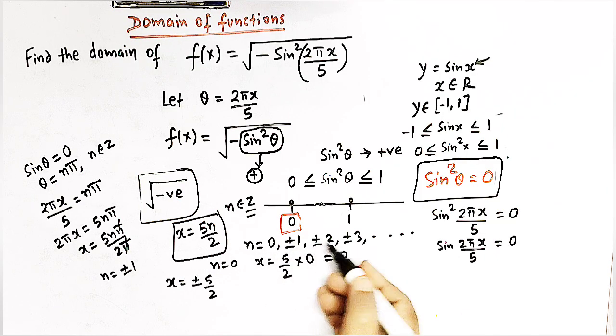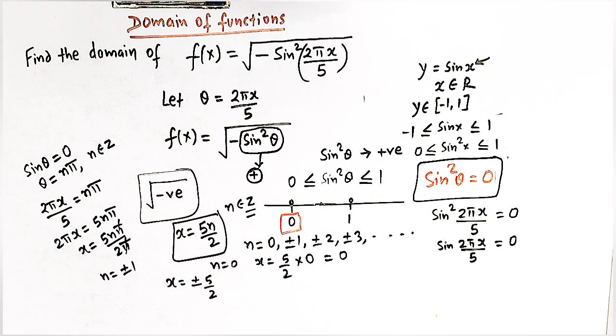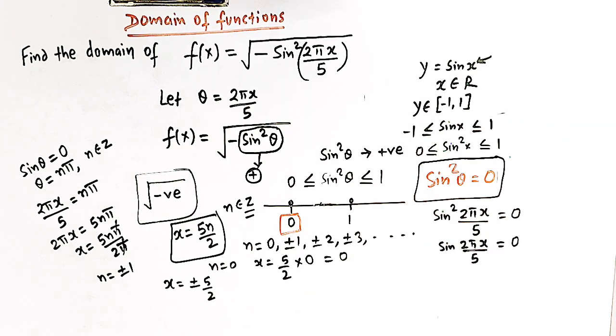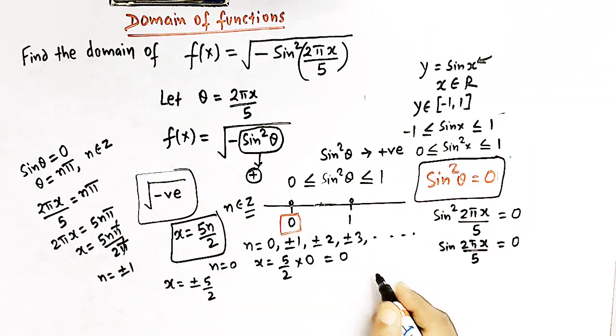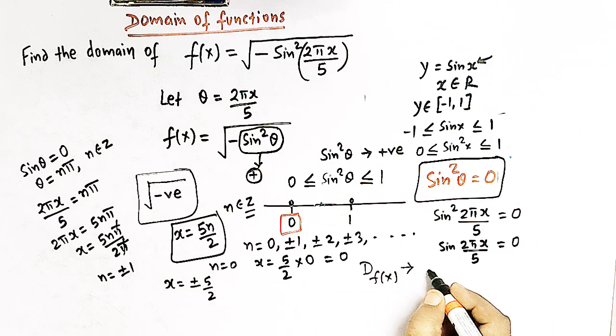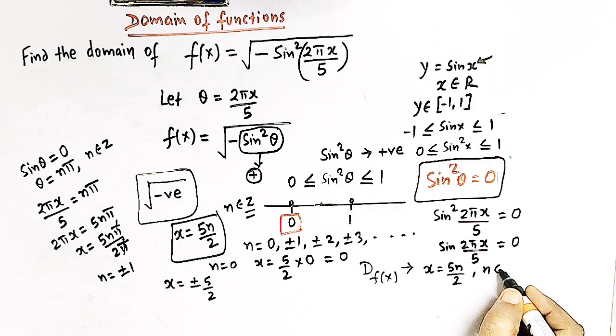Similarly, we can substitute other values of n to get the corresponding value of x. So the domain of this function f of x comprises all values of x of this form, that is x is equal to 5n over 2, where n belongs to the set of integers.